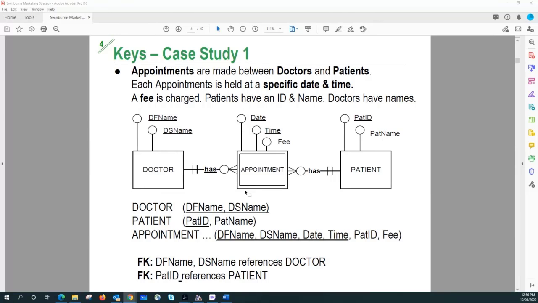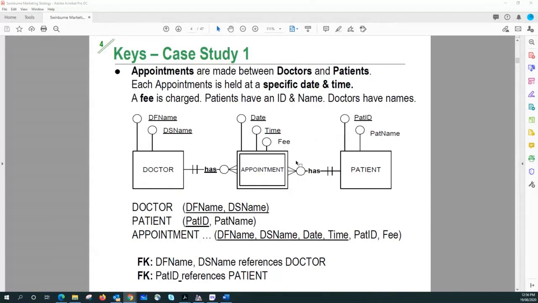So we know who the doctor is, which date, which time the appointment is going to happen. But we still don't know who the patient is, if the patient has not made a booking. That is okay. We can have a null value, because we can have a series of appointments created first.